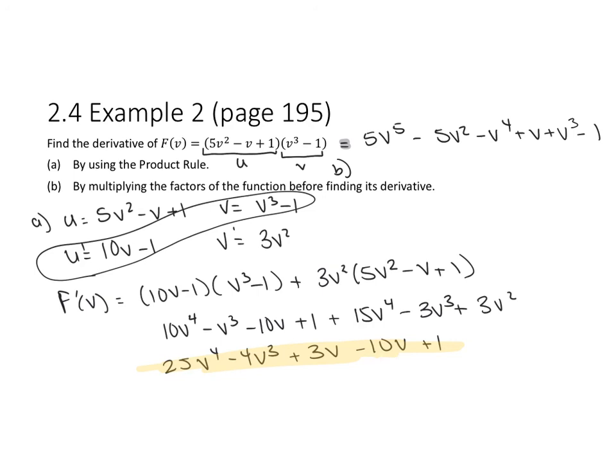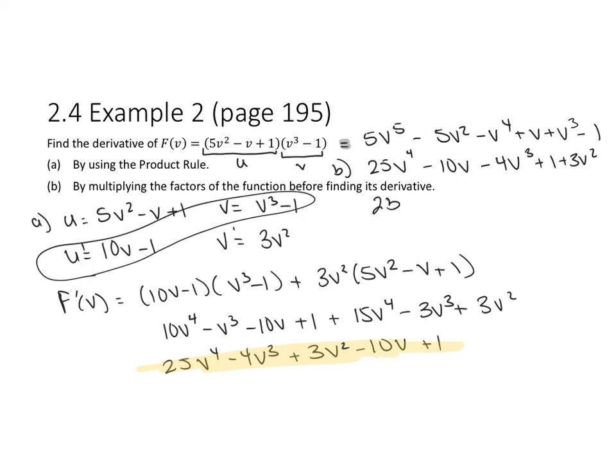So 5 times 5, 25v to the fourth, minus 4v cubed, plus 1, plus 3v squared. I'm going to write those in descending order. All right.